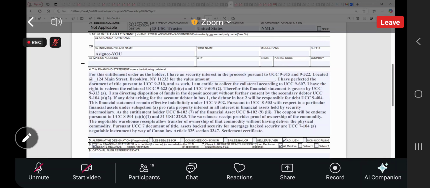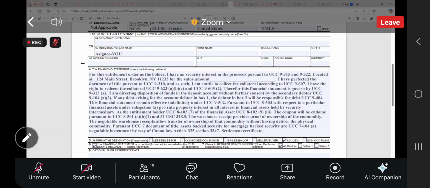You look it up. Therefore, in the last class, I was going through the codes step by step so you can see what they actually mean, because the codes are what talk to them. Therefore, this financing statement is governed by UCC 9-313(a). I'm directing the disposition of funds in the deposit account without further consent by the secondary debtor, UCC 9-104(a)(2).